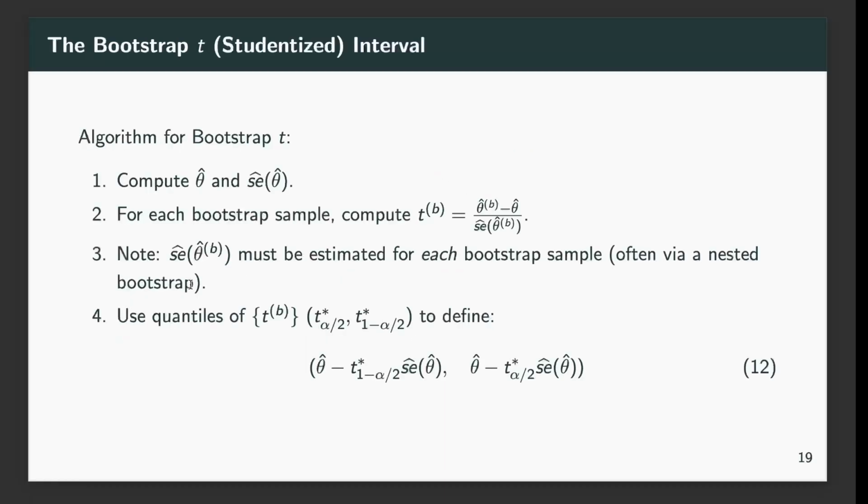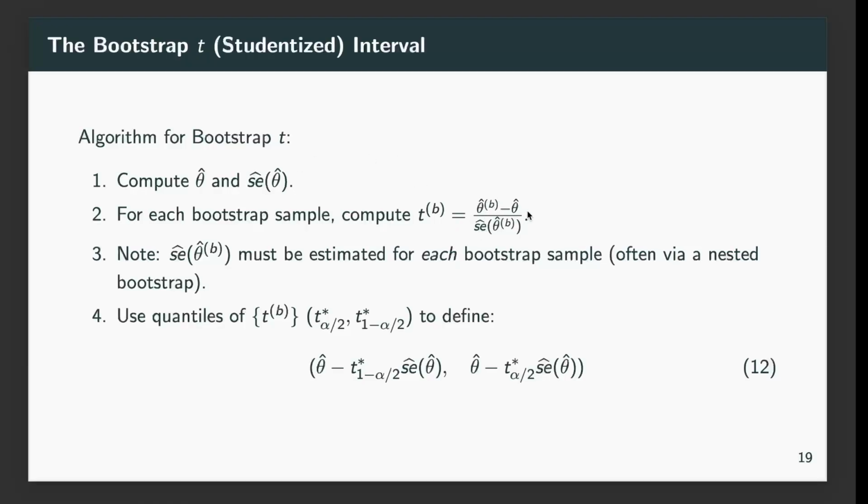Now let's talk about the next one, which is the Bootstrap T, which is a studentized T interval. The algorithm is: the first step is we compute the θ̂ and the standard error of the θ̂ from the original data. That's why we have the estimated standard error here. The second step, for each of the B bootstrap samples, we compute the T statistic, T of b, given by this formula.